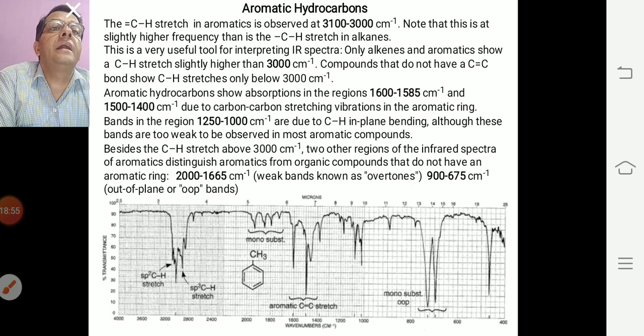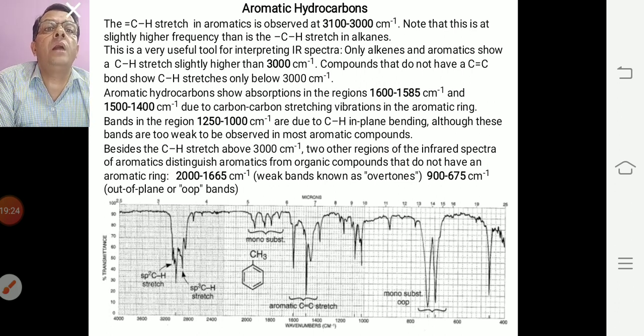Only alkenes and aromatics show a CH stretch slightly higher than 3000 per centimeter. Compounds that do not have a C double bond C bond show CH stretching only below 3000 per centimeter.